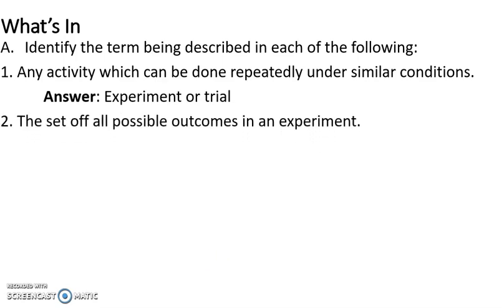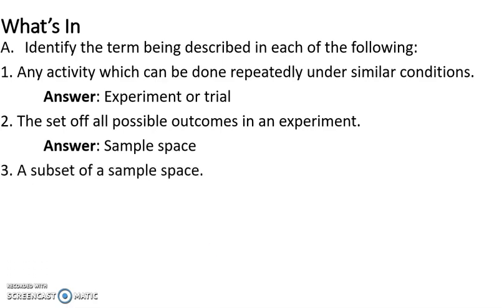The set of all possible outcomes in an experiment. For instance, if you roll a die, the possible outcomes would be 1, 2, 3, 4, 5, 6, because a die has 6 faces. Now we call that sample space.